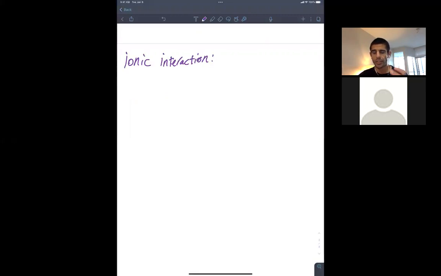So when you put these guys next to each other, the imbalance of power, AKA electronegativity, causes the one that is being bullied to lose its electron to the one that is the bully. So that's why in ionic interactions, someone loses an electron and turns positive, and someone gains the electron and turns negative. That's pretty much the reason.